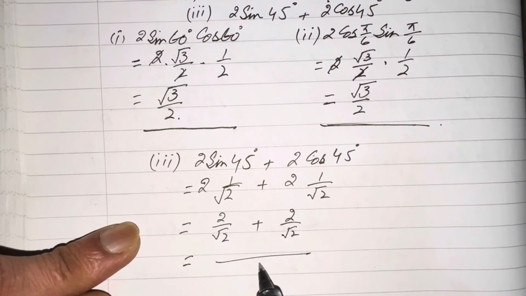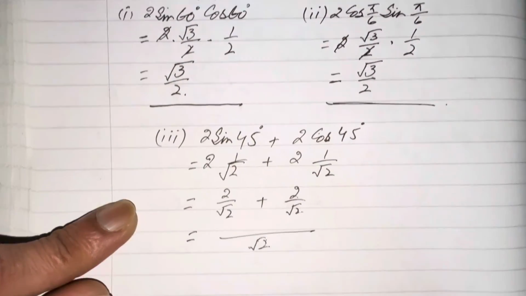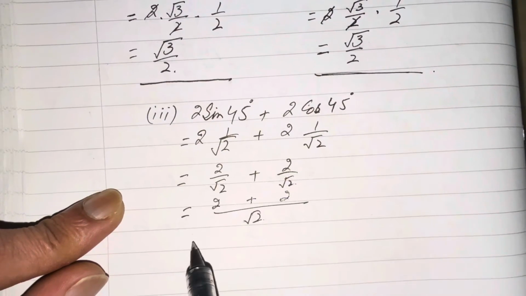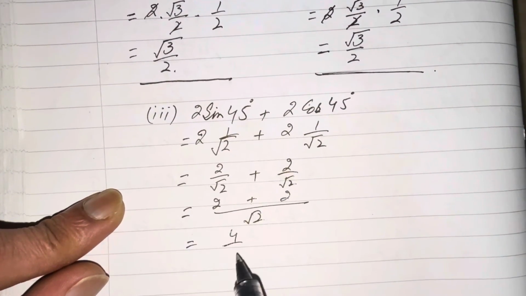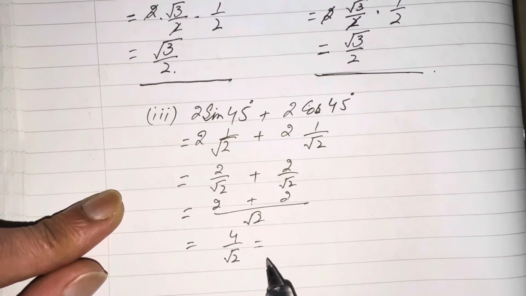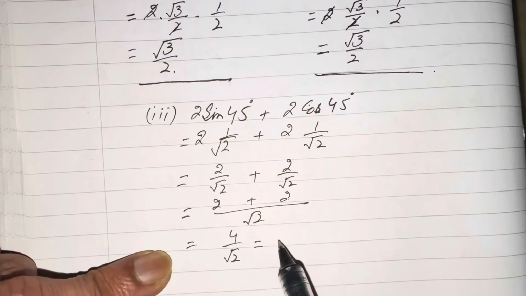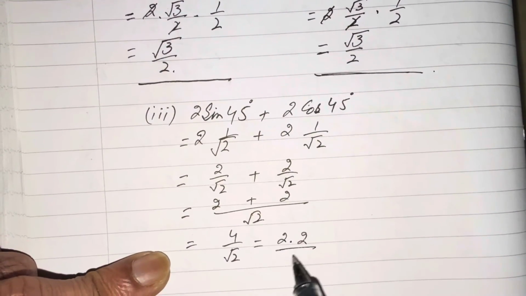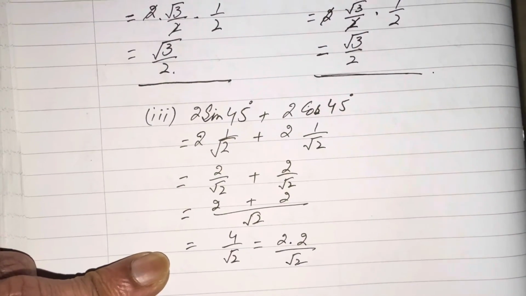So under root 2 will be taken as the LCM. This becomes 2 plus 2, which is 4, over under root 2, and this 4 can be written as 2 into 2 divided by under root 2.